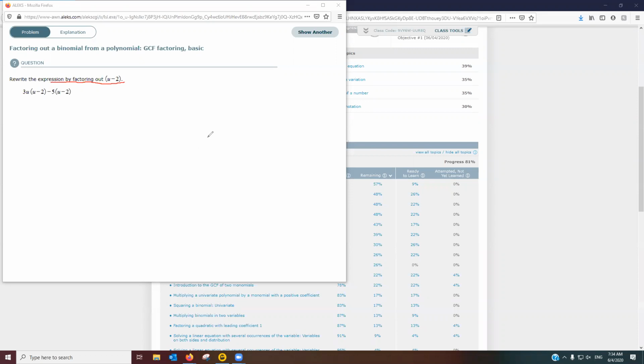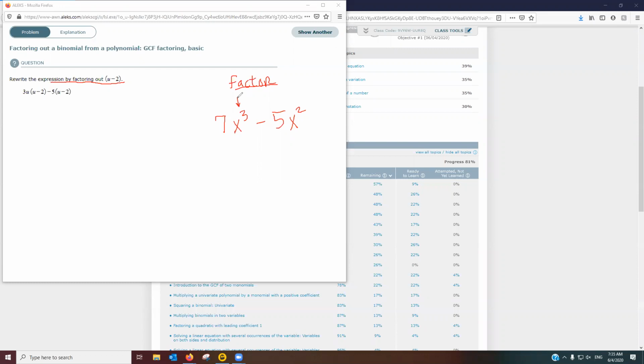Let me give you an example before we get to this one. How about if I had 7x to the third minus 5x squared? You might notice here I can factor out some of the x's. And when you go to factor out a variable, you factor out the smallest exponent that appears.